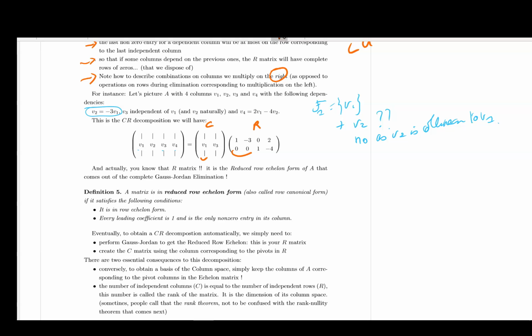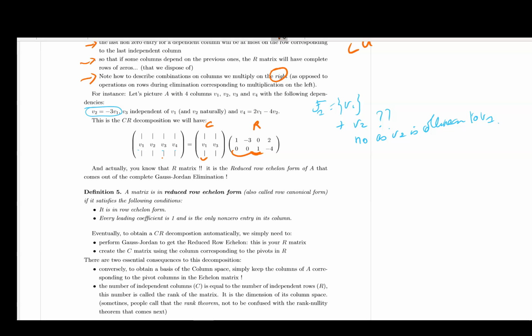Next, in my matrix A, we have V3. V3, we said, is independent. So I reproduce the next column of the identity matrix, that's going to be 0, 1.